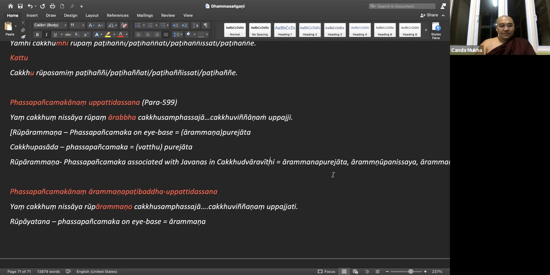Here it only mentioned the Cakkhuvinnana and the Javana, but we still have other cittas in that vithi, right? In that case, Arammanadhipati is only for Javana.